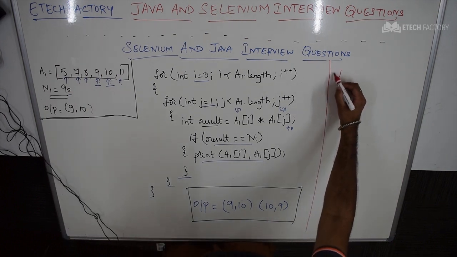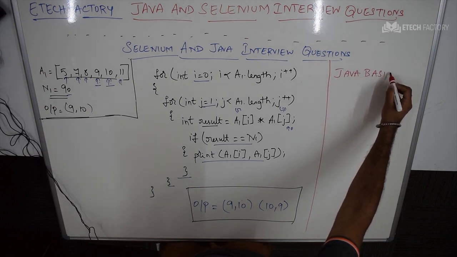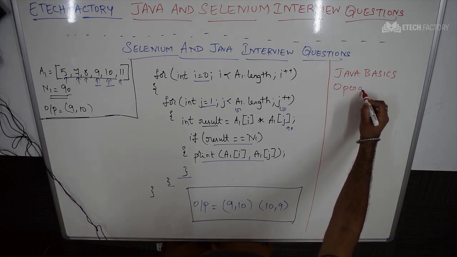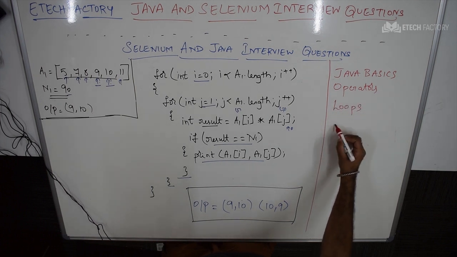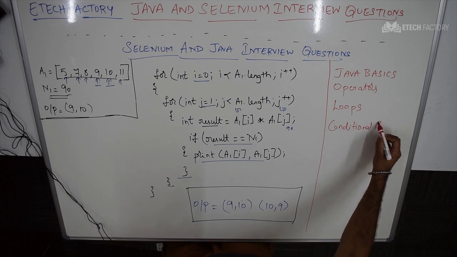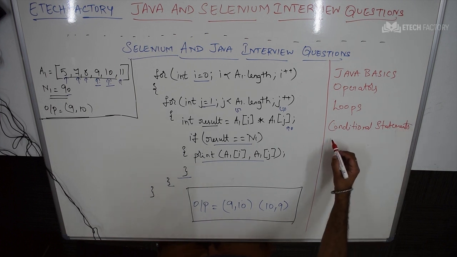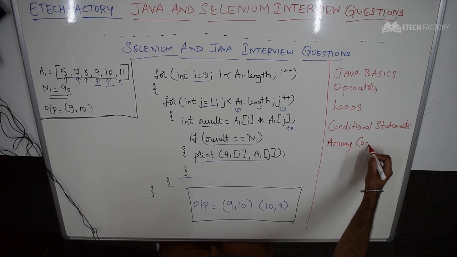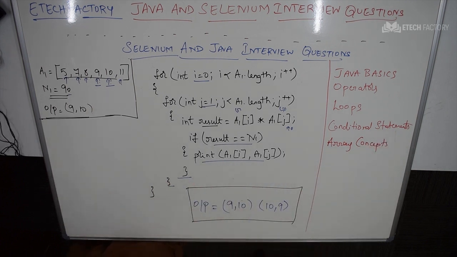Let's say the first one is Java basics, then operators, loops, conditional statements, and then array concepts. Now we will go through what are the different concepts that we have learned.